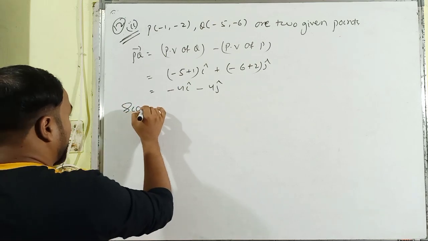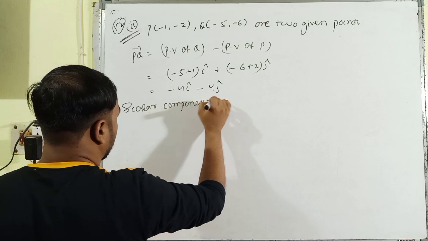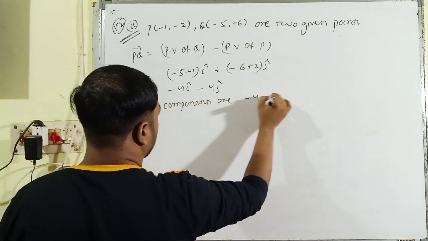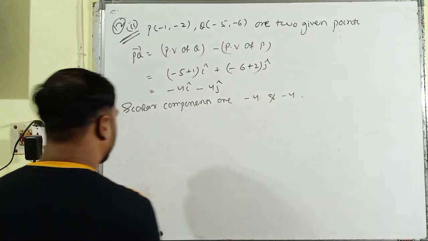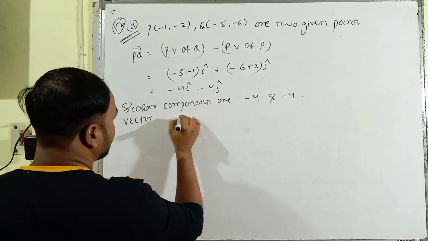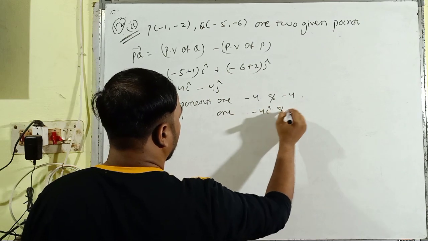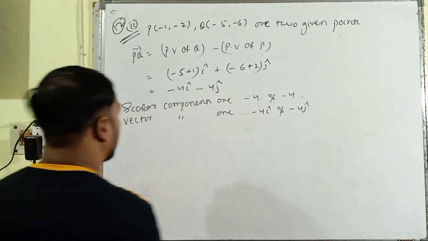Scalar components are minus 4 and minus 4. Vector components are minus 4 i cap and minus 4 j cap.